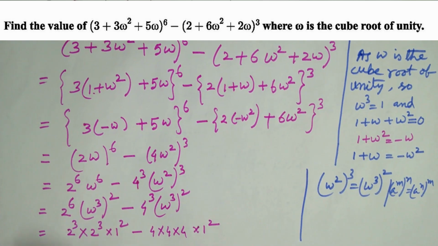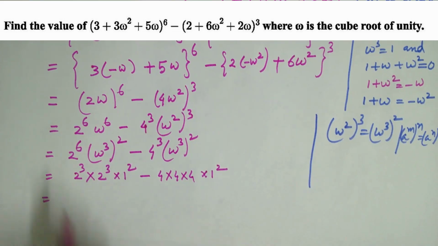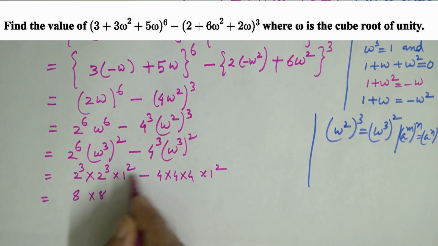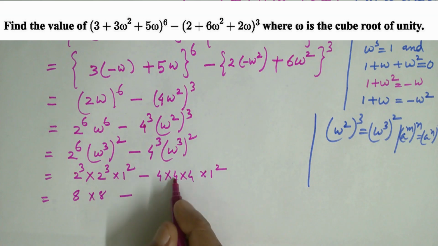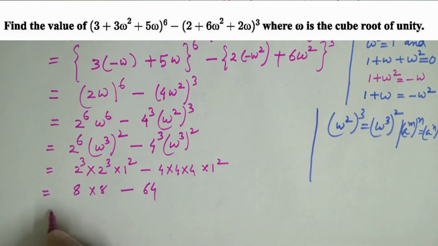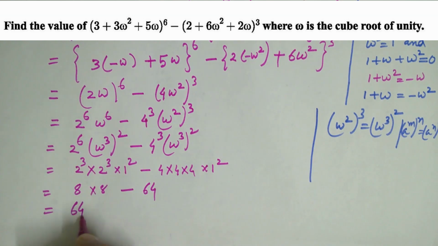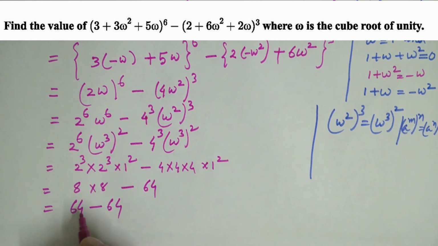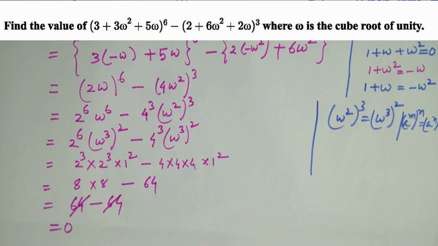Now see, 2³ is equal to 8, so 8 into 8, 1 not writing, minus 4 into 4, 16 into 4, 64. Next step, what is 64 minus 64? 8 into 8 is 64. This is cancelled, that is equal to 0.